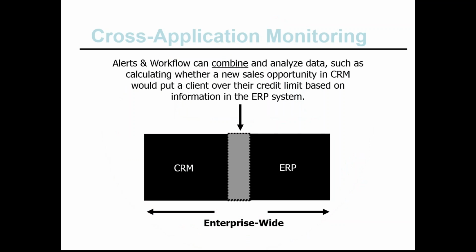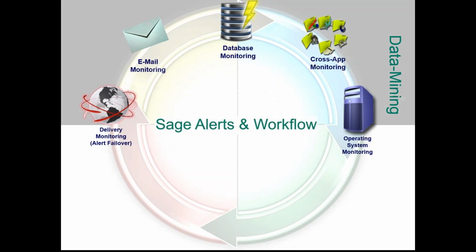Let's add that balance to the forecast new probability to see if that new total would put the customer over their credit limit, because if so, we want to notify the sales rep to say, hey, stop trying to sell this customer additional products or services and instead focus on getting them to pay down their existing debt, because this order is simply going to be held up by finance if you try and put it through. We refer to that as cross-application monitoring.